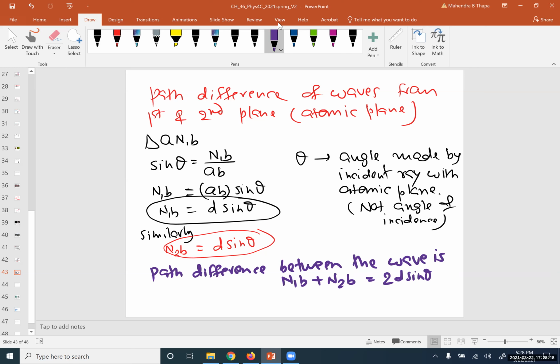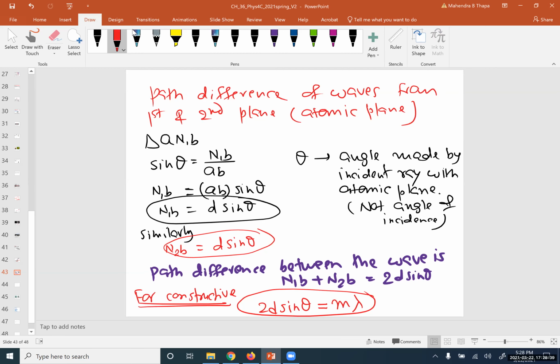We know that for constructive interference, 2d sine theta, which is the path difference, must be equal to an integral multiple of lambda.